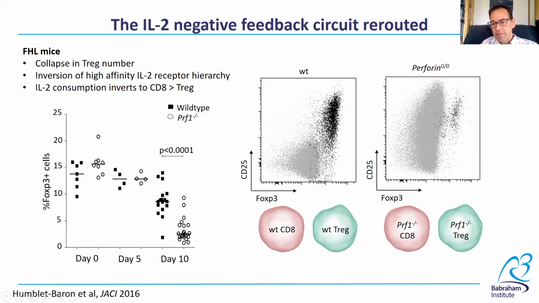And here, almost every CD8 T cell is expressing just astronomical levels of CD25 to the point where the CD25 expression, the high affinity IL-2 receptor expression, is higher on CD8s than it is on Tregs. And we can show through downstream signaling experiments that this really inverts the consumption hierarchy so that IL-2 feeds the inflammatory CD8s instead of feeding the regulatory T cells.